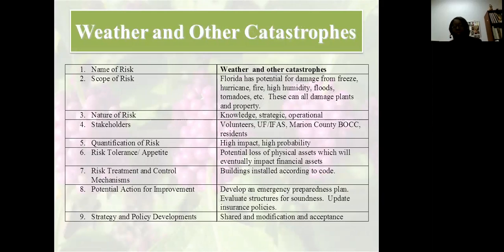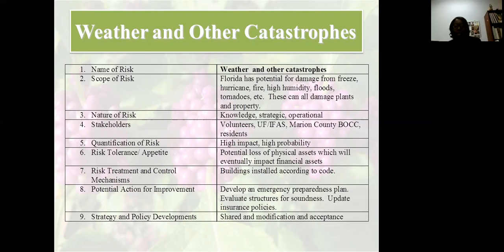And then, of course, there are the constant vagaries of weather. We have fire, hurricane, damage from freeze. Those are all things of concern with regards to weather. And we can have potential loss of our assets, both physical and financial.